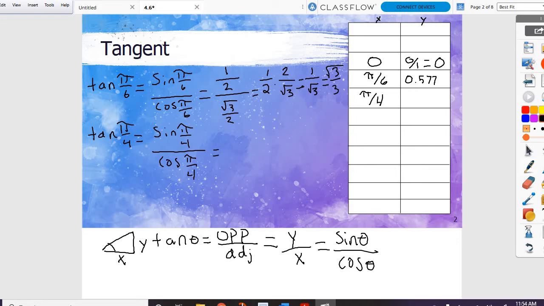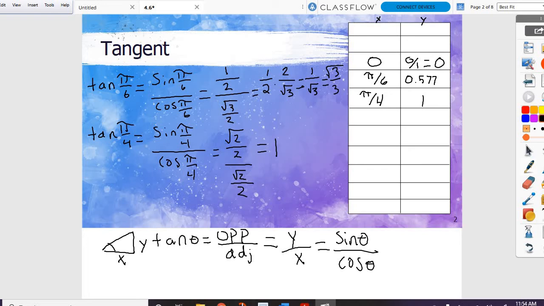It's the one that's square root of 2 over 2. And what is cosine of pi over 4? It's the same thing. If I have something divided by itself, what do we get? 1. That's probably going to be one of our key points because 1 is going to be quite easy to graph.